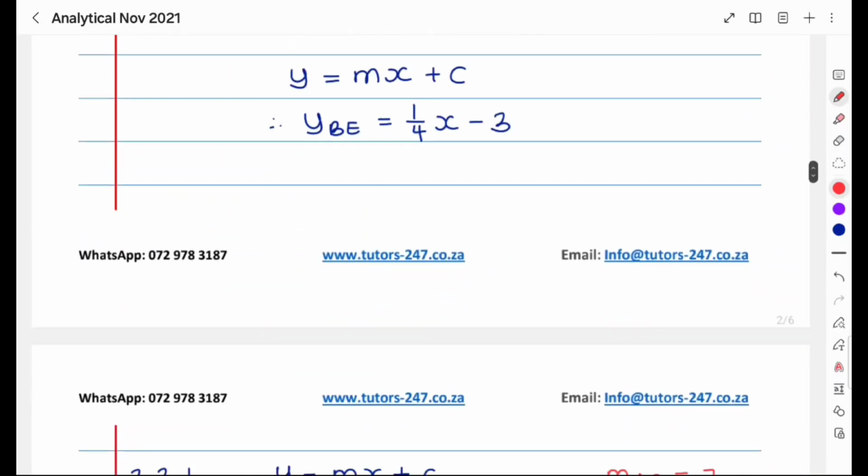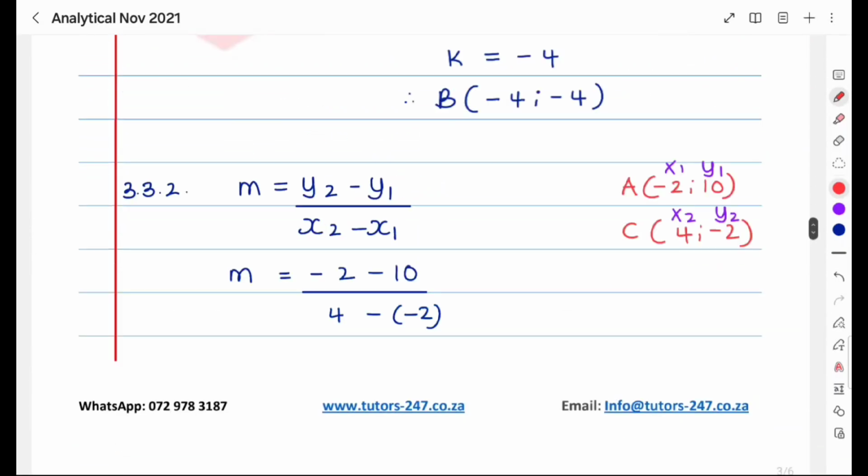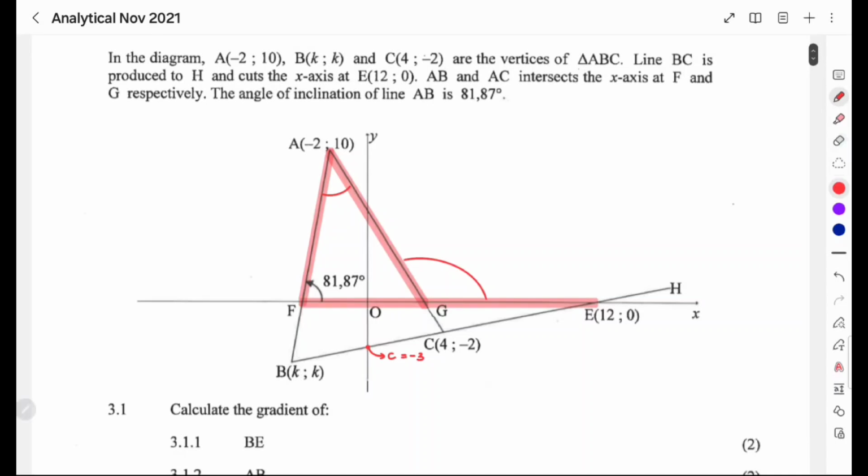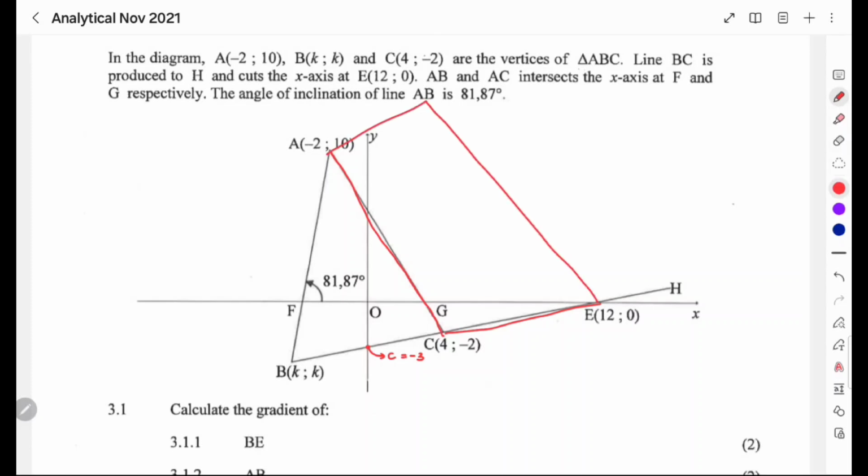So if we were to sketch this parallelogram ACE, I'll show you now on the Cartesian plane that was provided. So if we were to sketch it, it's ACE, and then S is in the first quadrant, so it'll be here. So that will be the parallelogram. Now keep in mind the diagonals of the parallelogram, they bisect at the midpoint.